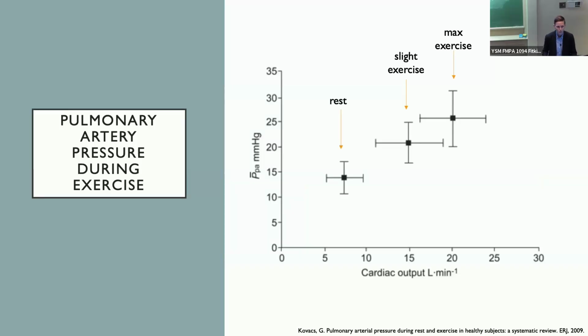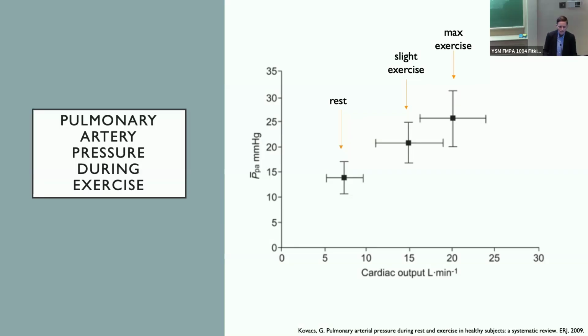What about the pulmonary artery pressure during exercise? This figure shows the pulmonary pressure flow relationship in healthy individuals during exercise. As expected, the pulmonary artery pressure rises in proportion to our workload and cardiac output, and the relationship is largely linear.